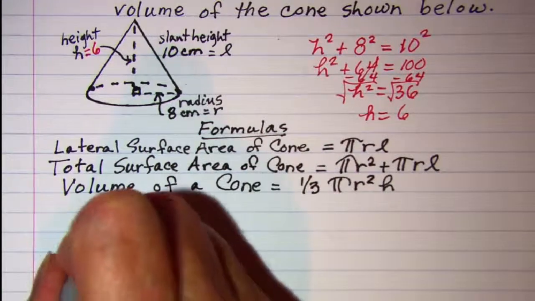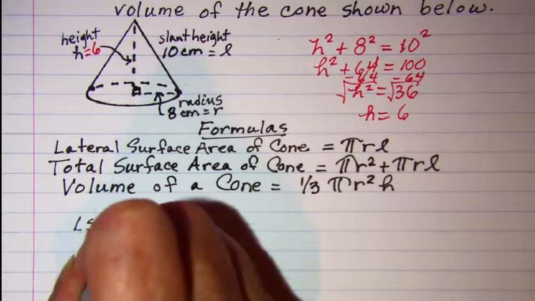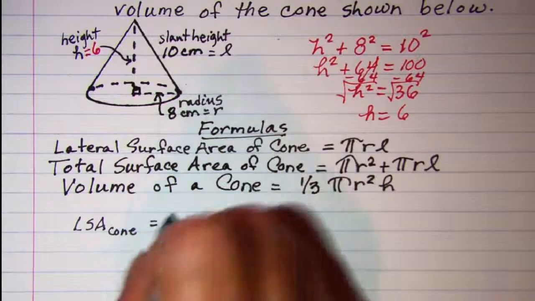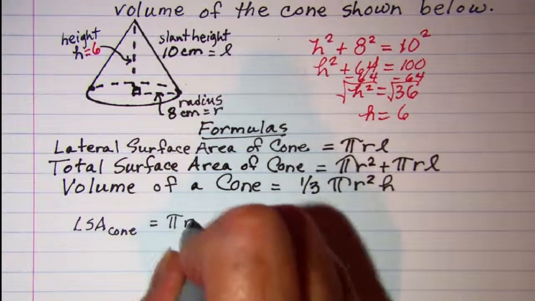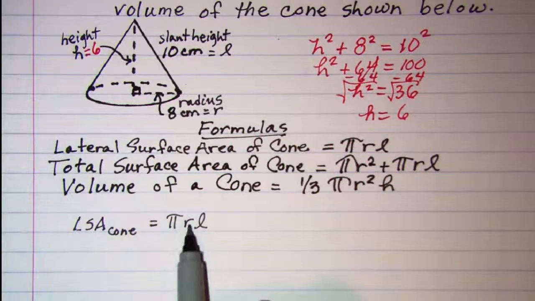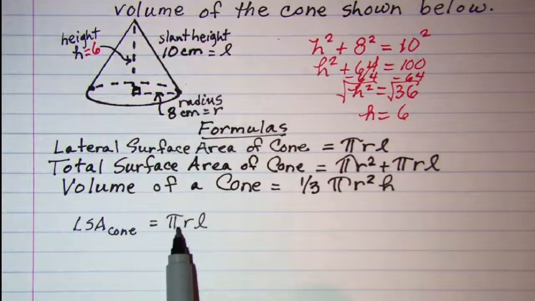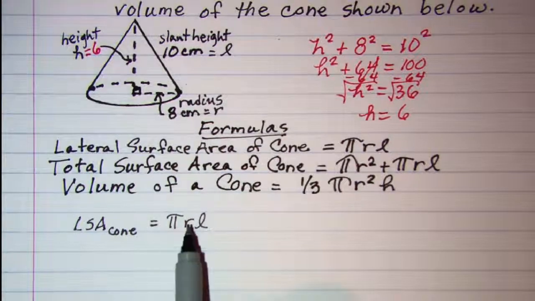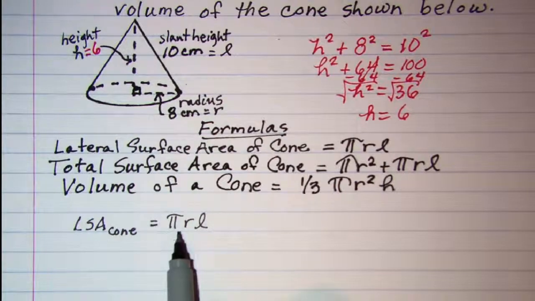Our lateral surface area for a cone is pi RL. Now to remember that, I always think of Pearl, because pi is pi, and then RL. So Pearl helps me to remember this formula.